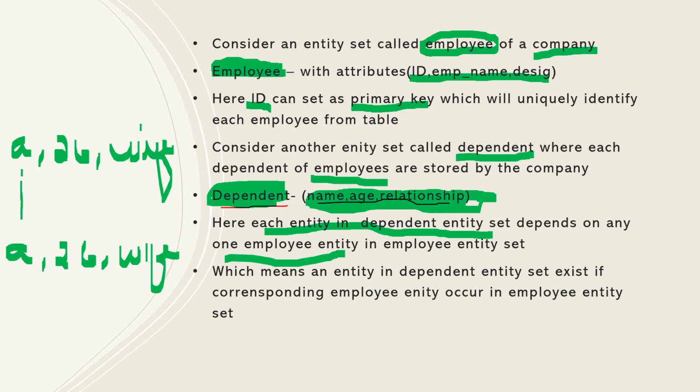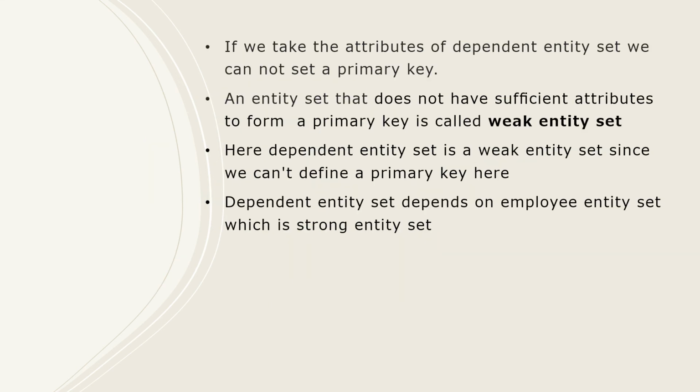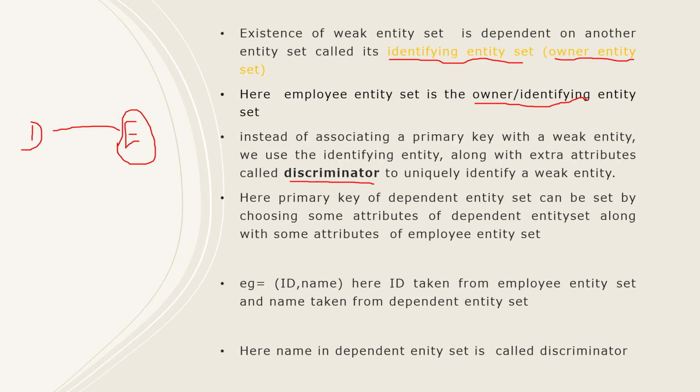We are not setting the name alone as a primary key, because different persons can have the same name. So we will take a minimal number of attributes that help to uniquely identify a particular dependent entity.